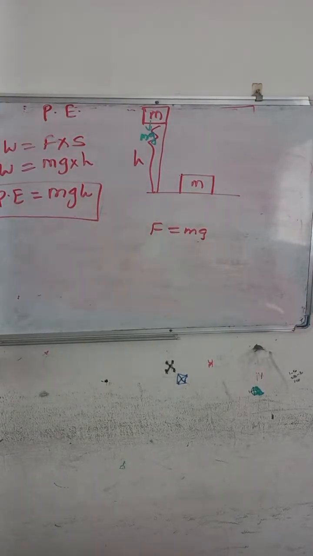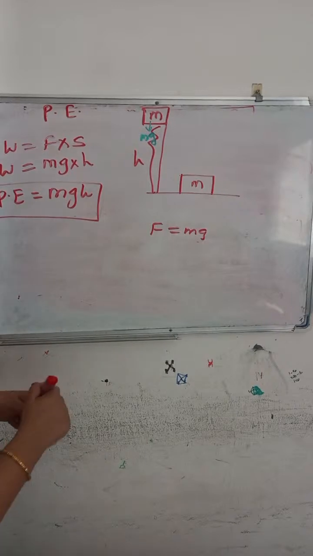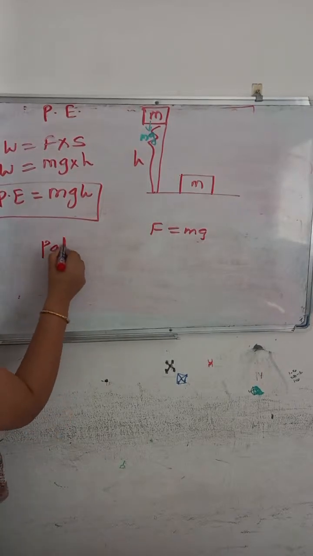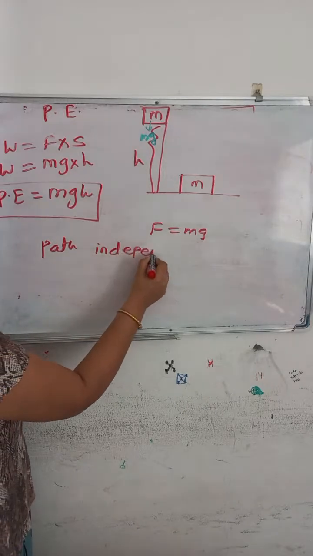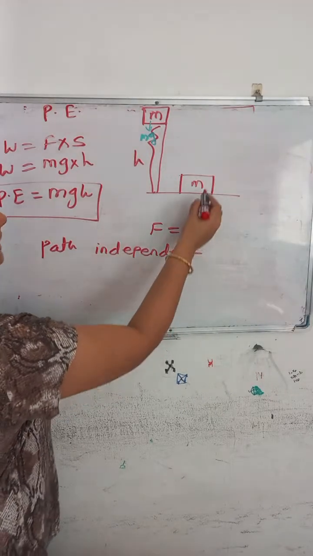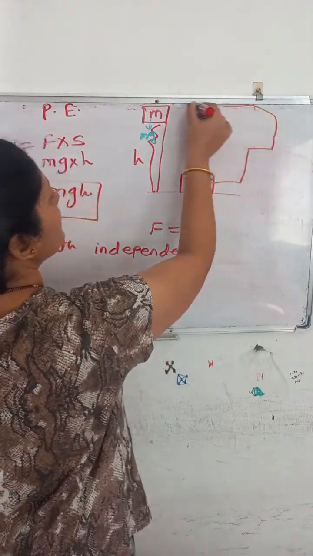It's very easy compared to the kinetic energy. And a very important thing here: whatever the displacement, the work done for potential energy is path independent. Suppose I take this body somewhere here, then I took it and kept it.